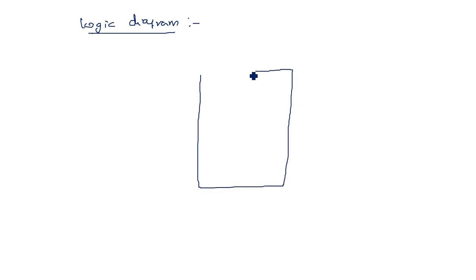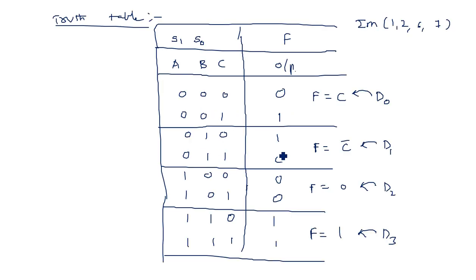Okay, so now we can implement the logic diagram. So we have to consider a 4 by 1 multiplexer, 4 by 1 mux. 4 inputs are there. Those 4 inputs are d0, d1, d2, d3. See here, d0 is nothing but c.